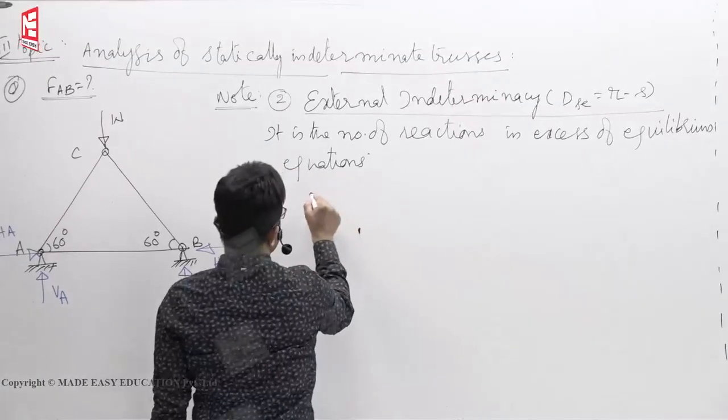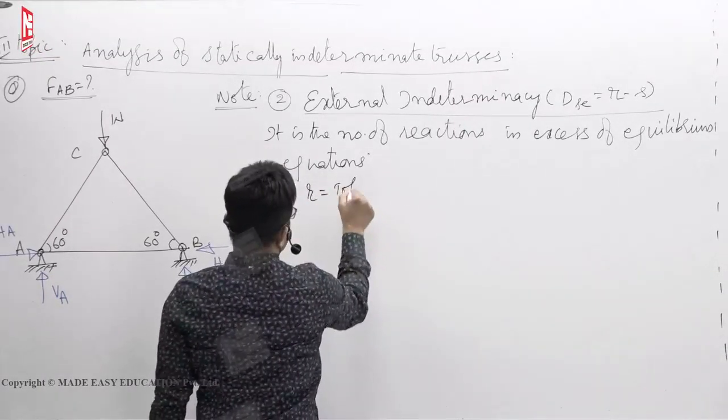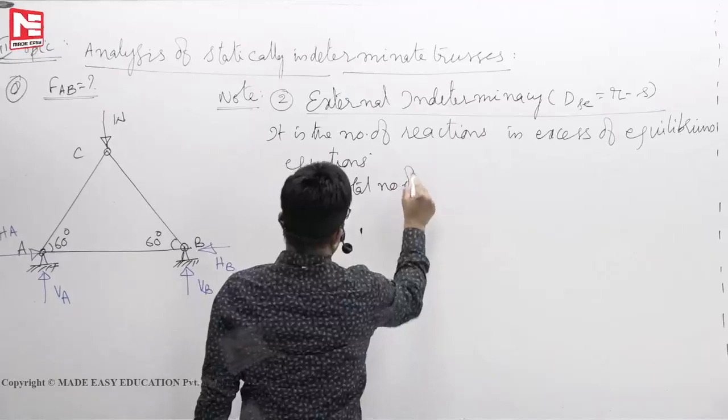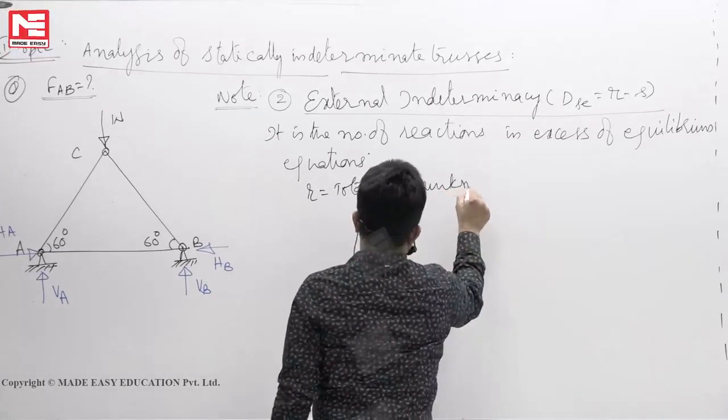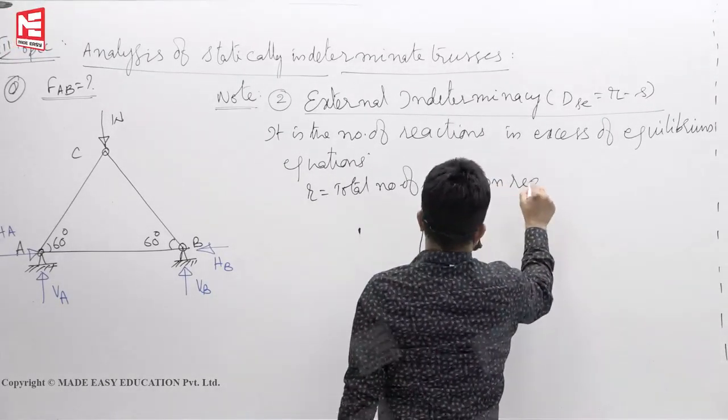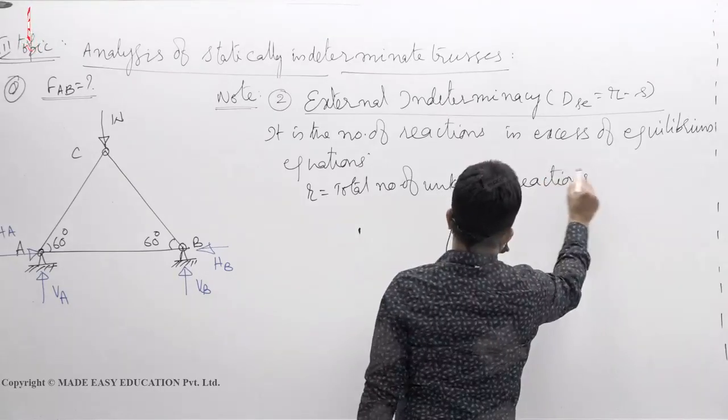R means the total number of unknown reactions.